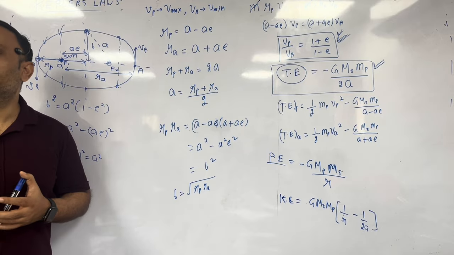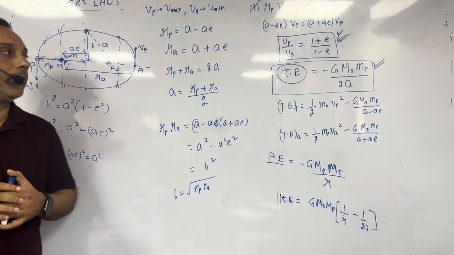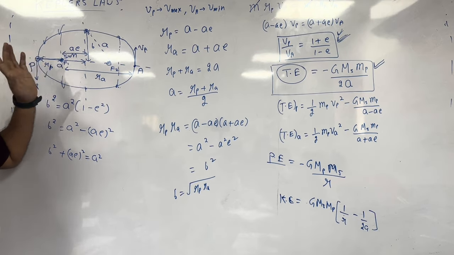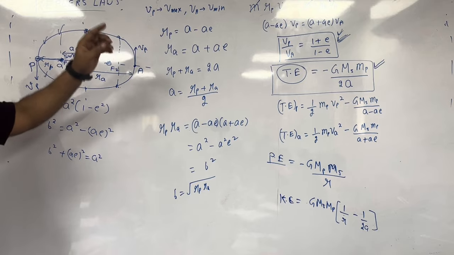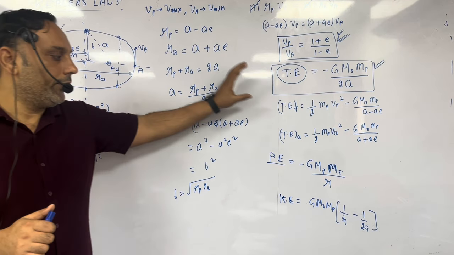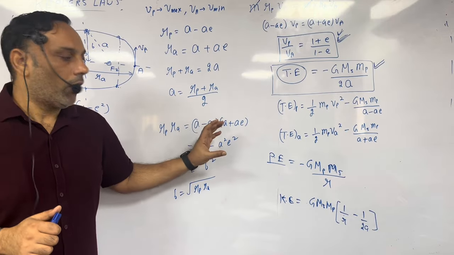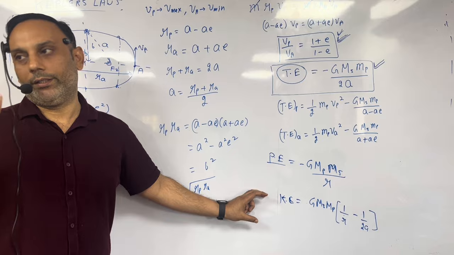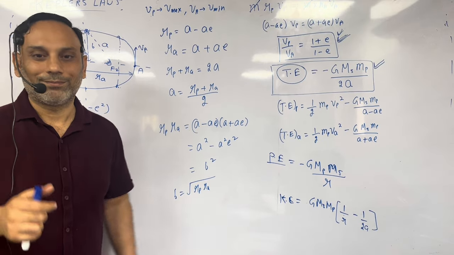In Kepler's first law, we understand that each and every planet revolves in an elliptical orbit. Number 2, the relation between perigee and apogee velocity. Number 3, the total energy expression. Number 4, the potential energy and kinetic energy expressions at any different point. Yes or no, beta?